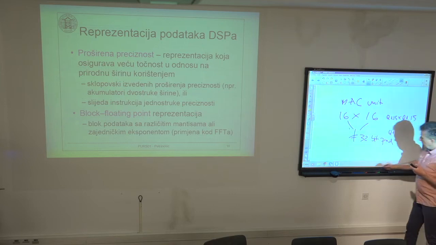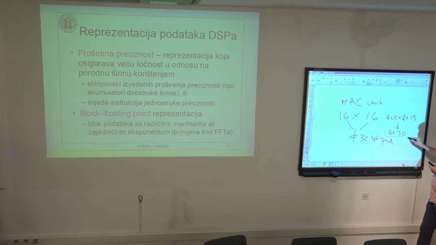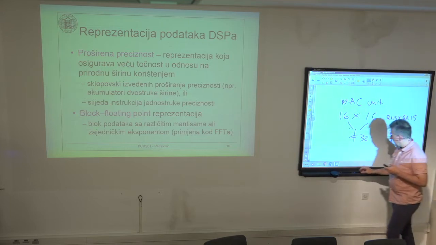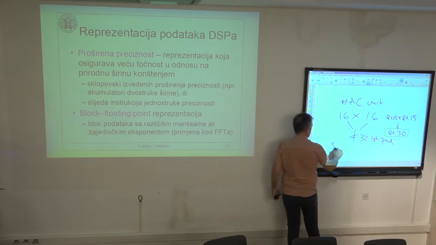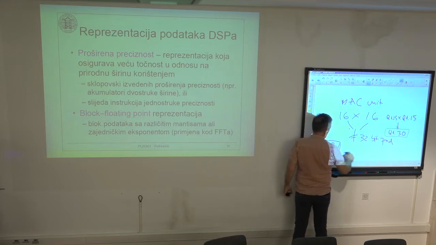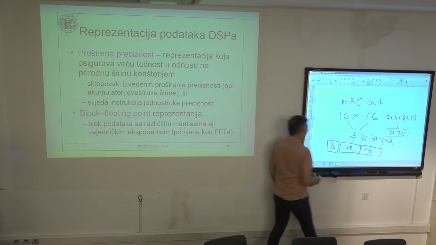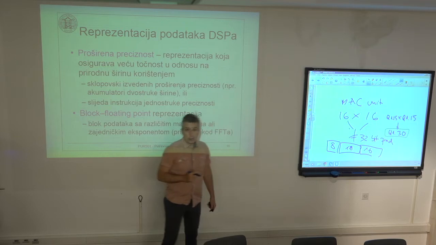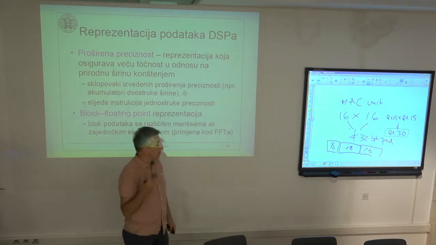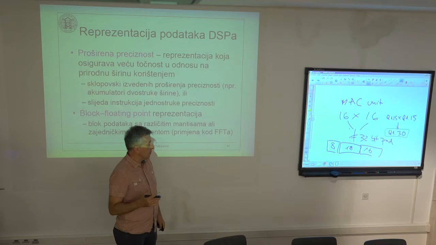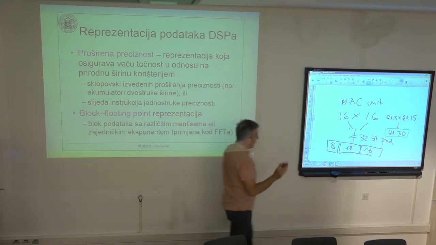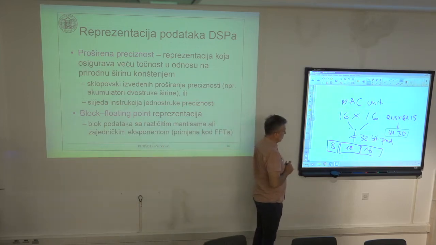And this product is accumulated in an accumulator that has 8 extension bits. So 8, 16, and 16. With these 8 extension bits, I can accommodate 256 products without any risk of overflow.